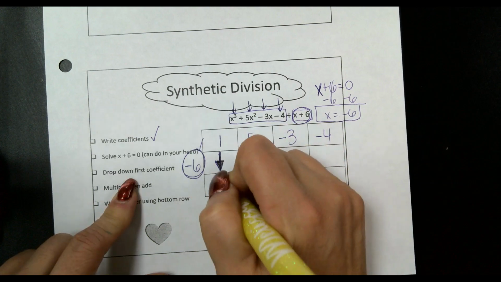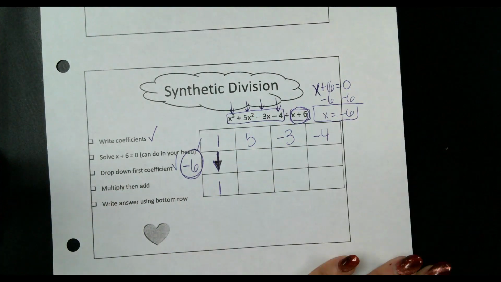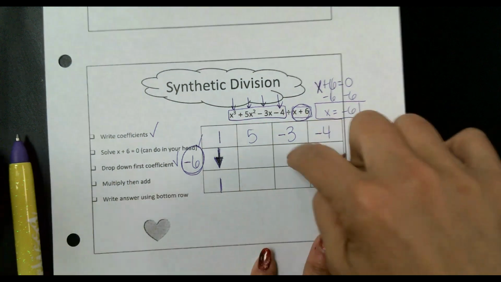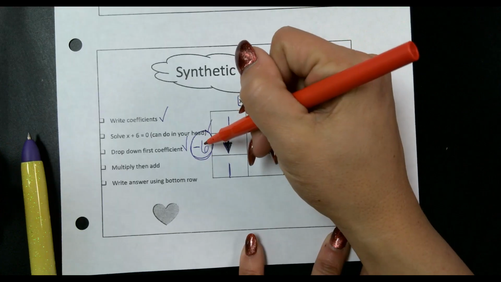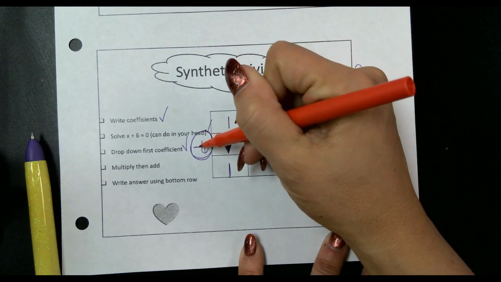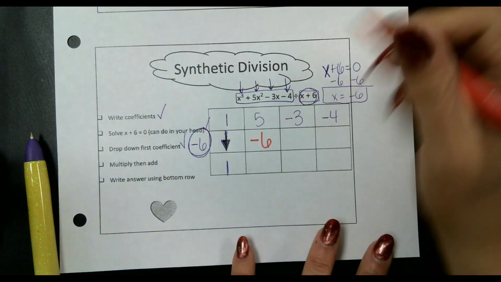First coefficient always drops straight down. So I'm going to bring this one straight down. Because from here on out, we are going to fill all these boxes with multiplication. Whatever number's at the bottom always gets multiplied by this. So right now we have a 1, multiply it by -6 and put it in the first empty box.